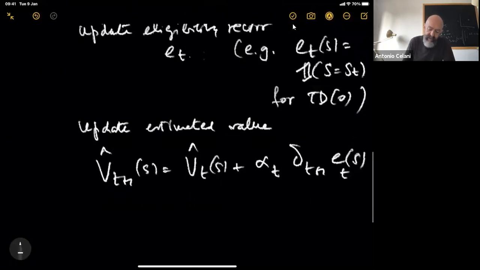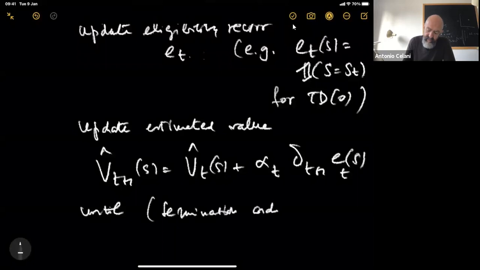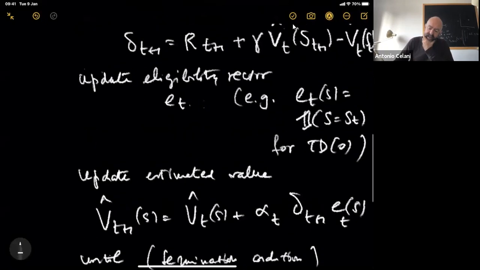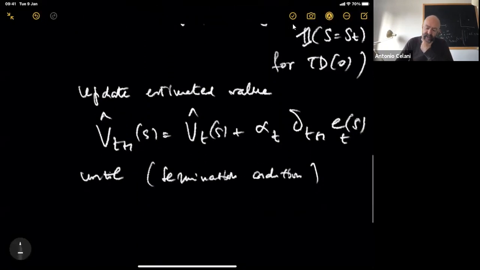And this loop ends at some termination condition. So this termination condition could be that the difference between the previous estimate and the current estimate is below some tolerance defined according to some norm or whatever you choose. Okay.